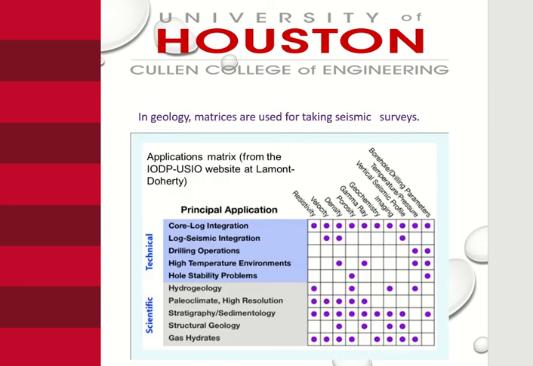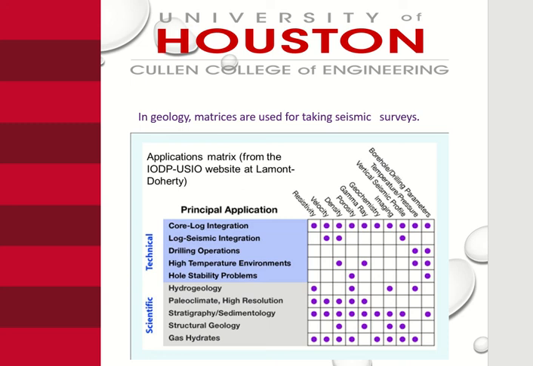In geology, matrices are used for taking seismic surveys. In seismic surveys we have a matrix of some order, and there are certain different parameters which have to be related to certain different technical and scientific values. These can be related in the form of a matrix.